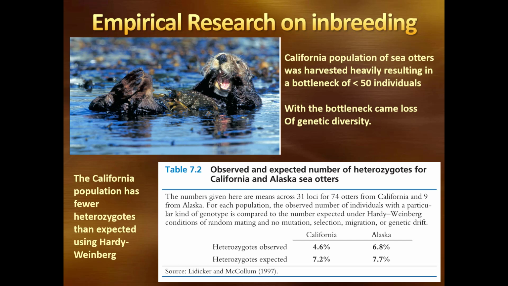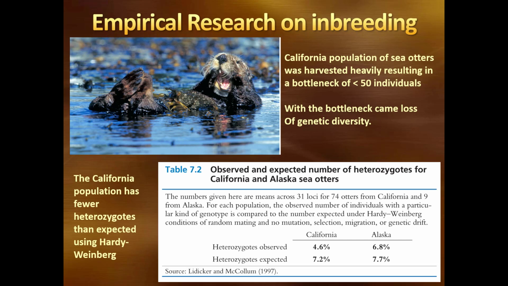So what they did here is they looked at 31 different loci for these different otters, and essentially looked at what percentage of those loci were heterozygous versus homozygous, and they compared that number to what would be expected under Hardy-Weinberg.